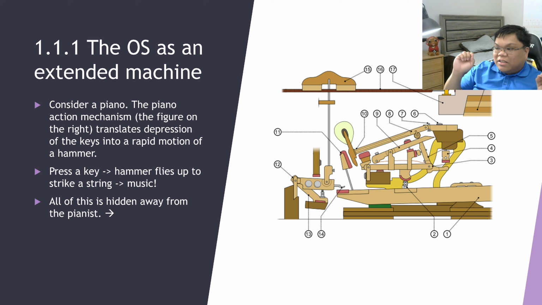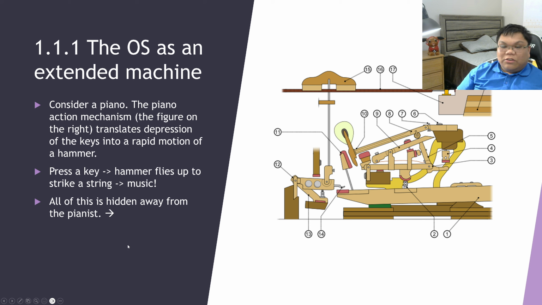A pianist should never have to worry about the inner mechanisms of a piano. Unless you have a really curious pianist, or you're dealing with a piano tuner. All a pianist really needs to be concerned with is press a note, note plays. And press a note harder, note plays louder.